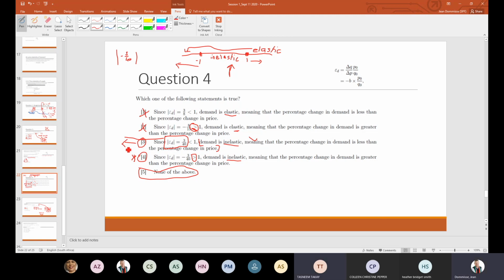I like that. So again, you can't always use my cheating ways of getting to it. There I was also worried about that, and I just thought maybe it's a mistake. Demand can never be greater than the change in price if it is inelastic.